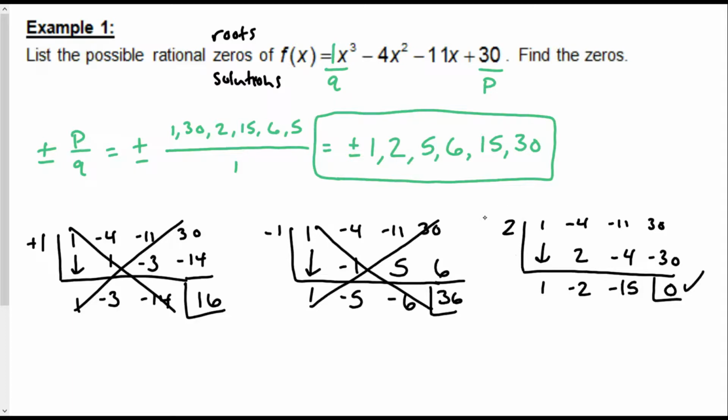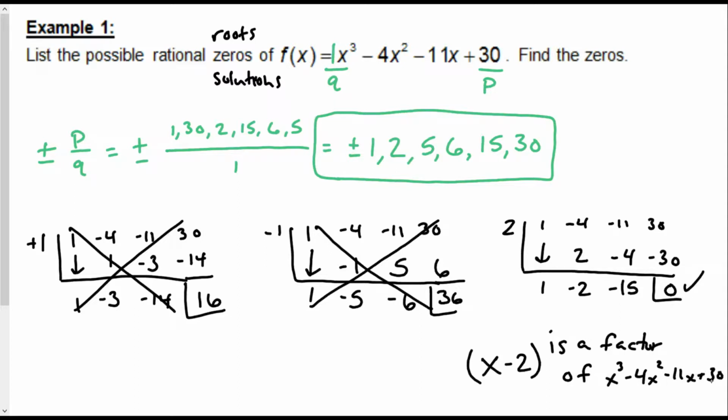So guess what? I know that I could use 2 for synthetic division, which means that x minus 2 is a factor, because remember how we had to change the sign for doing this? So x minus 2 is a factor of x cubed minus 4x squared minus 11x plus 30.